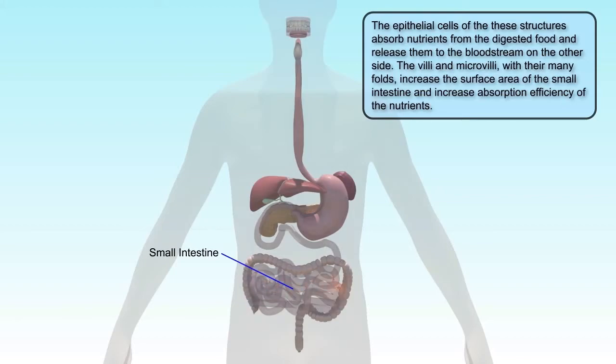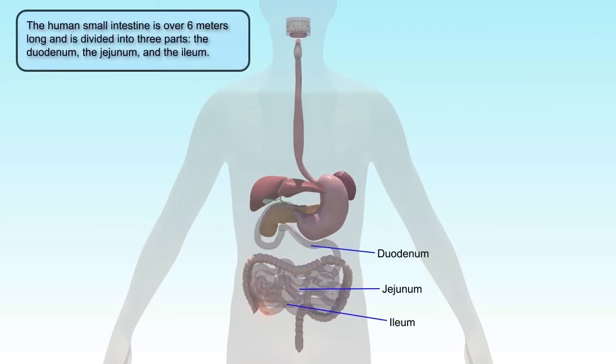The villi and microvilli increase the surface area of the small intestine that increases absorption efficiency of the nutrients. The human intestine is over 6 meters long and is divided into 3 parts: the duodenum, the jejunum, and the ileum.